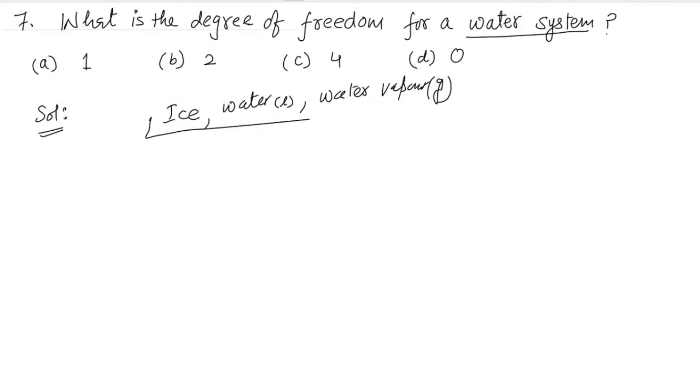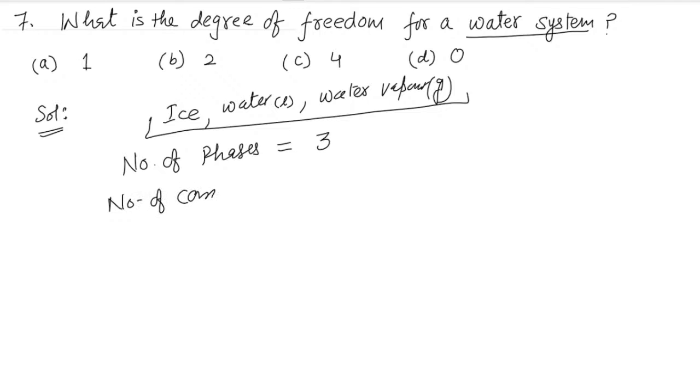So they say ice, water and vapor. In the water system, the maximum number of phases are 3 and the number of components is only 1, because only water is there. Very good.